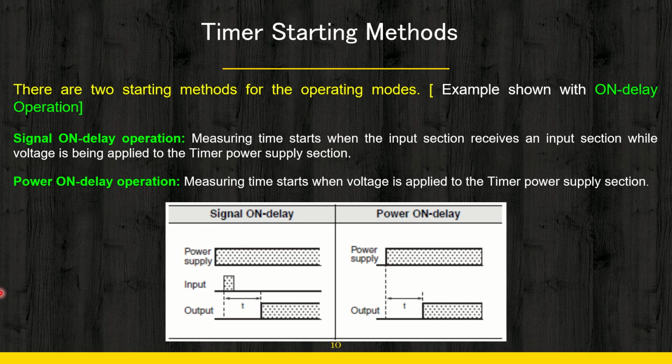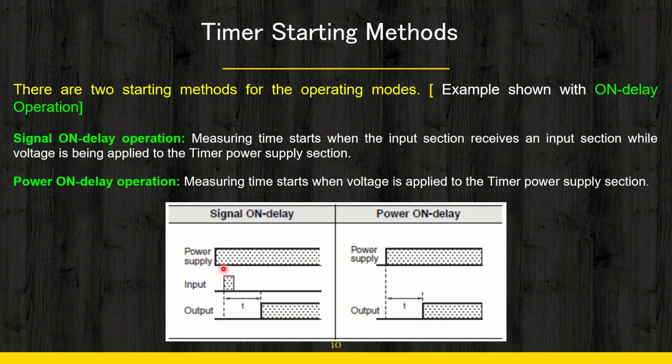You have to remember that there are two different starting methods for the operating modes that we have already discussed in case of a timer. The particular example shown here in this figure is of on delay operation. Now you can see that there is signal on delay operation and there is power on delay operation.